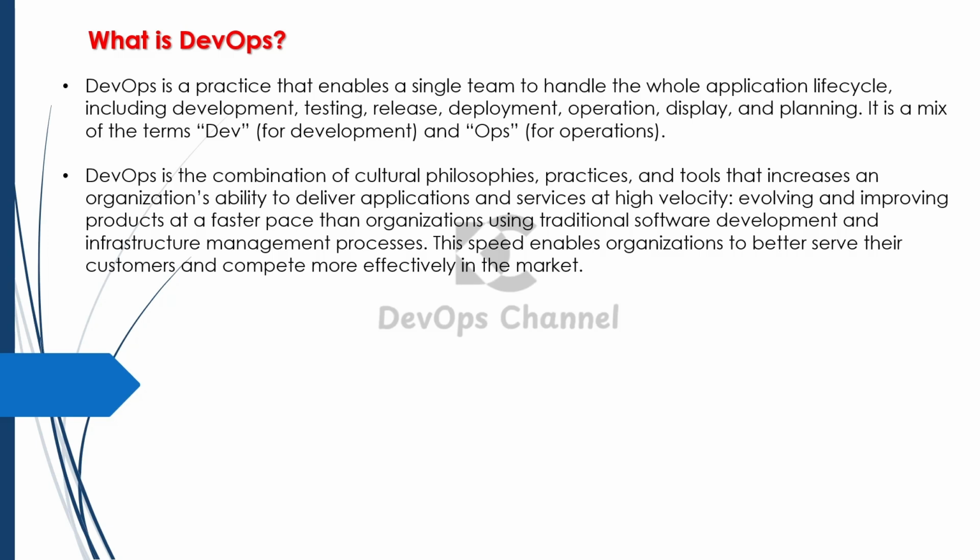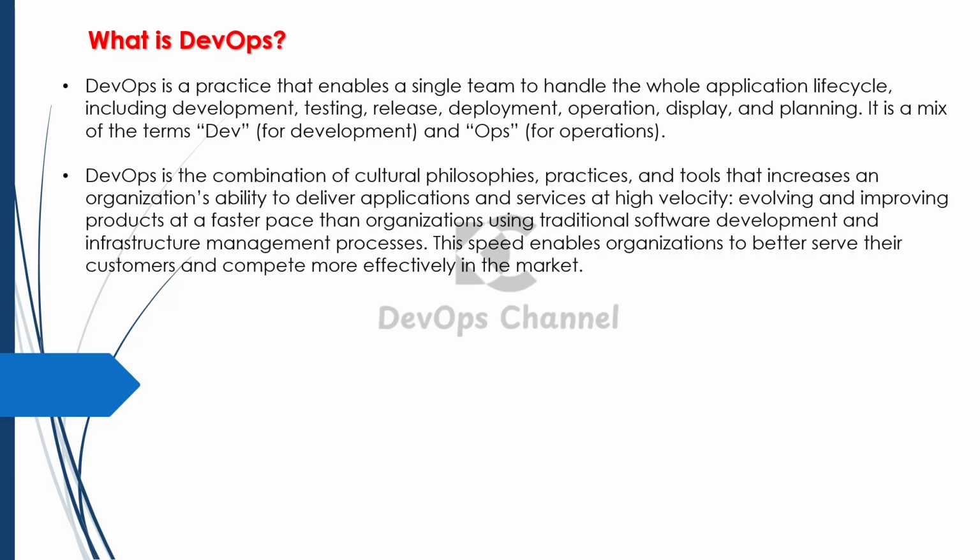Okay. And as we have already discussed, it is a mix of terms: Dev means development and Ops means operations. So DevOps is the combination of cultural philosophies, practices, and tools that increase an organization's ability to deliver applications and services at high velocity.